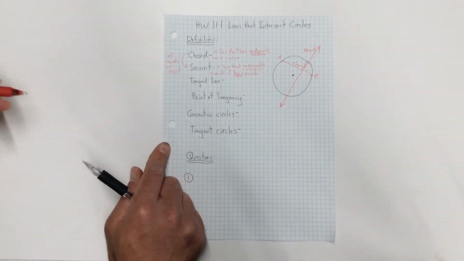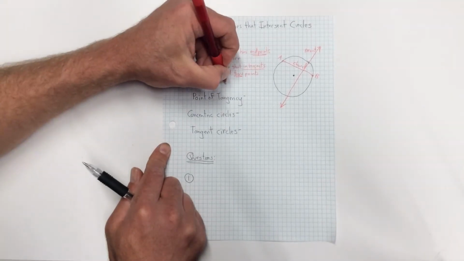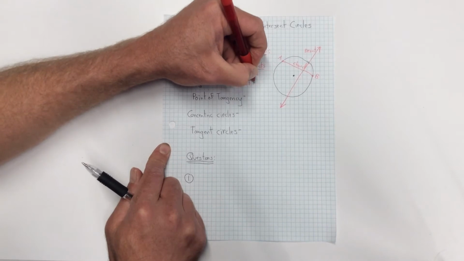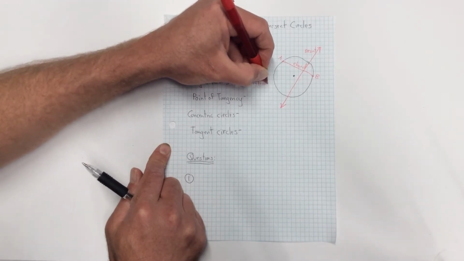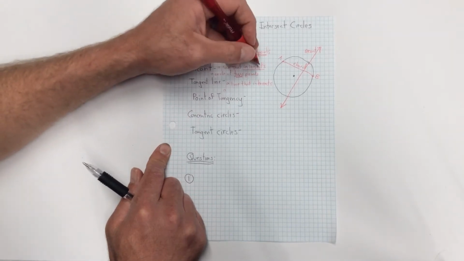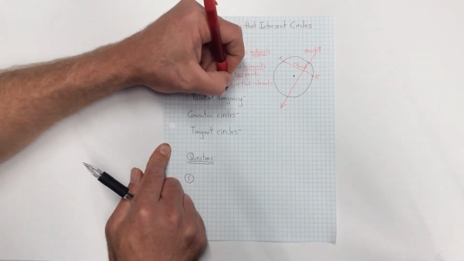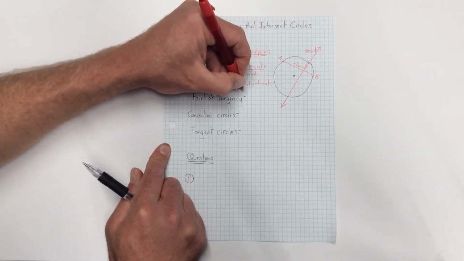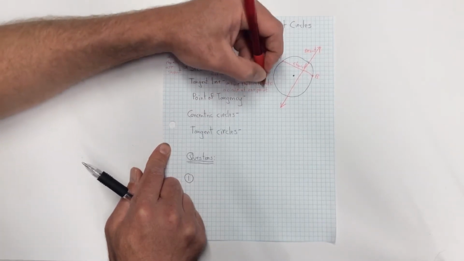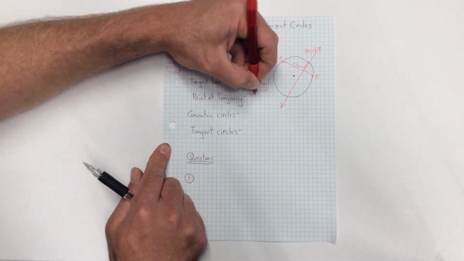Then we have a third type of line. That is a tangent. And so that's a line that intersects a circle at how many points? Well, not at 3. That's impossible. Not at 0. That's pointless. But 1. At 1 point. To be tangent to something is to hit it at 1 point.